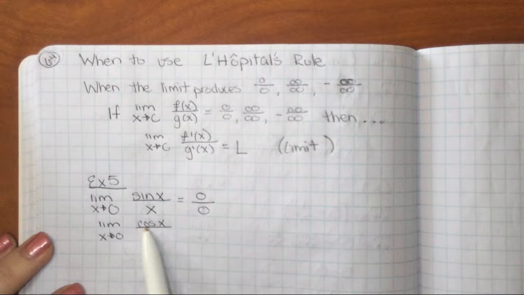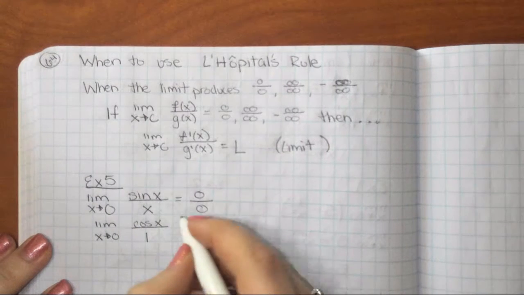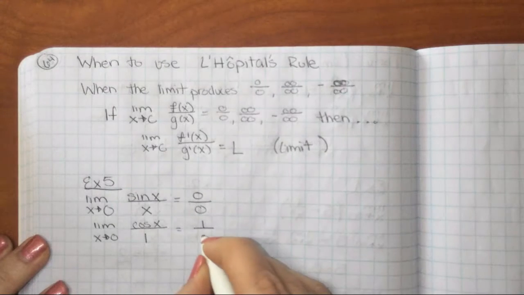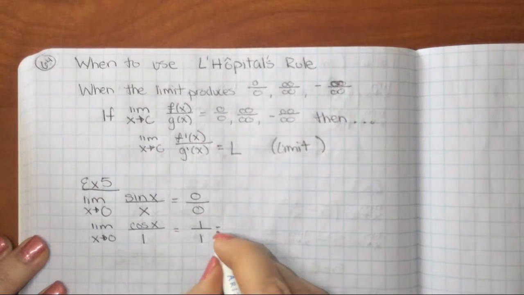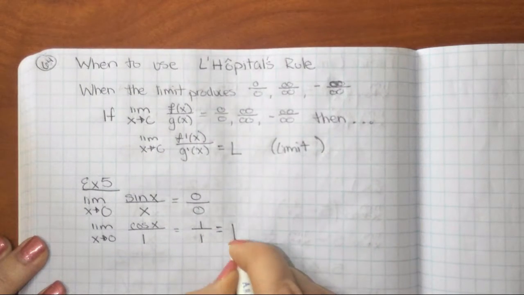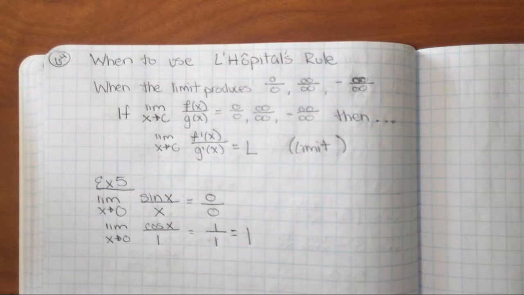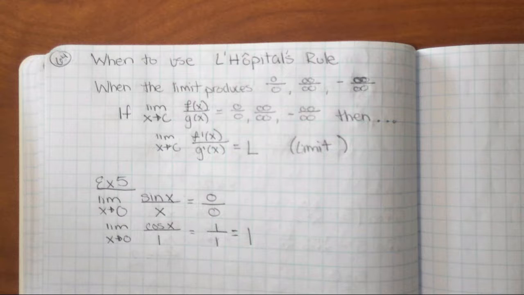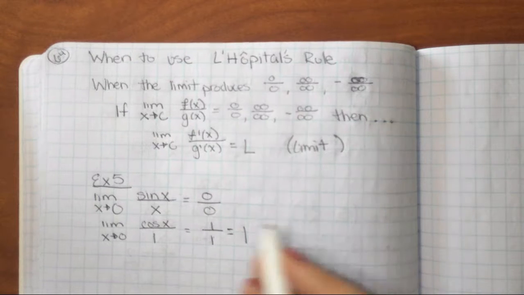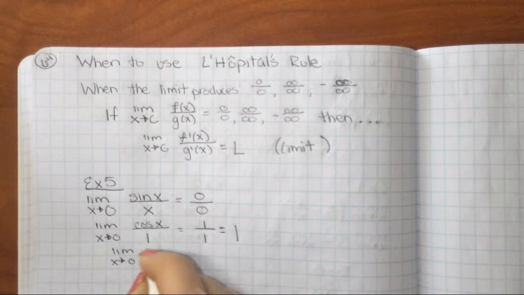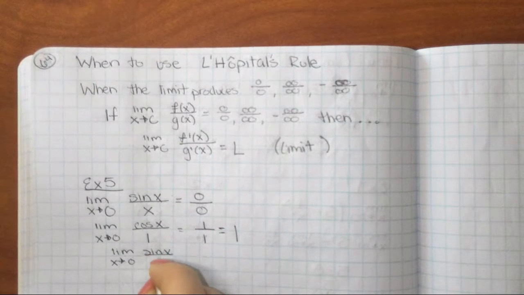What is the cosine of 0? It's 1. And there's nothing to plug into in the bottom, so it's 1. So now I get the limit is 1. Now you've just found a limit where before we weren't able to do it, because it was 0 over 0. So don't forget, the limit as x approaches 0 of sine x over x is 1.